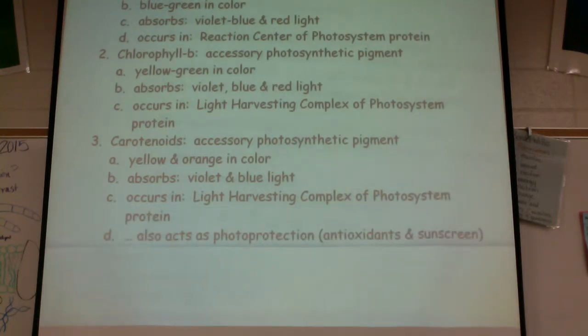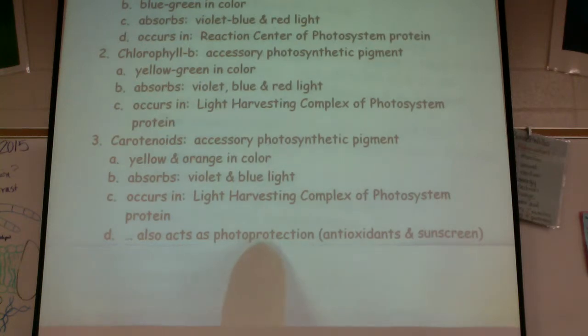They act not only as an accessory pigment that transfers electrons and gets chlorophyll A more excited, but it also is natural sunscreen, okay? And so it's photoprotection, because just like our cells can get cancer if we get too much sunlight, like skin cancer, plants can also get cancer as well and have damaging of their cells.